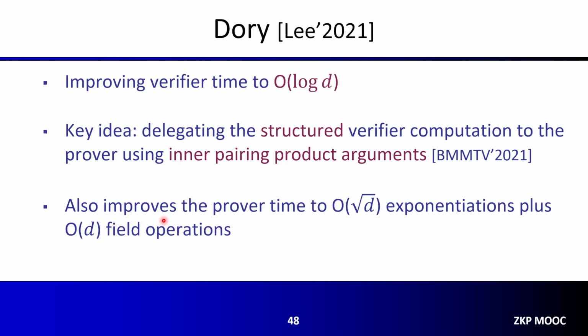Another improvement to highlight is the protocol also improves the prover time to only order of square root d exponentiations, but the time to evaluate this polynomial remains order of d. So still, asymptotically, the prover time is a linear number of field operations. And concretely speaking, this improves the prover time significantly in practice.